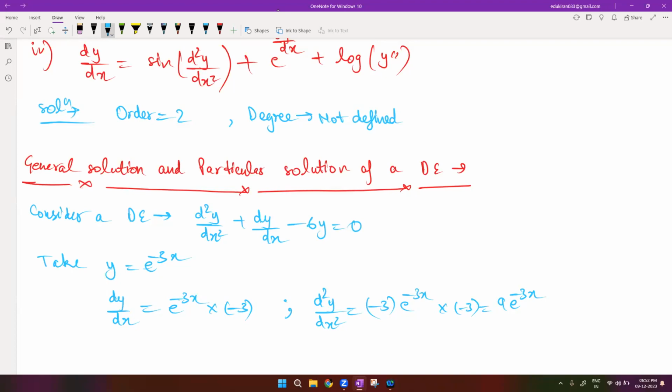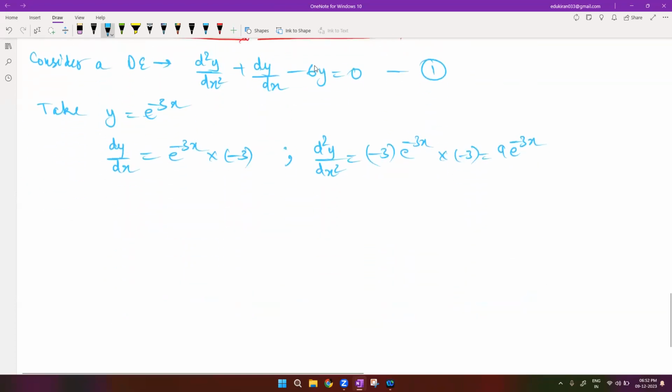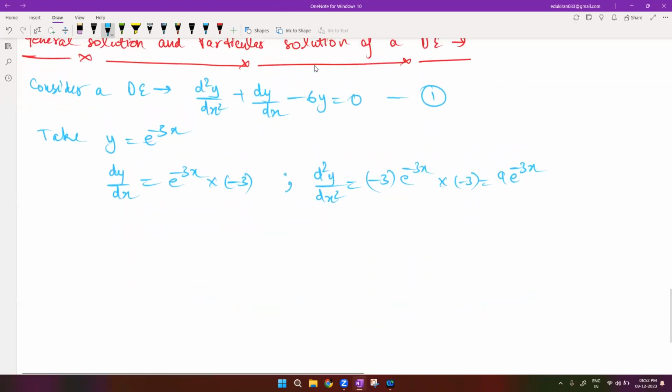Now let's use these expressions in the given differential equation, and you will see that these expressions will satisfy the differential equation. Let's check this.